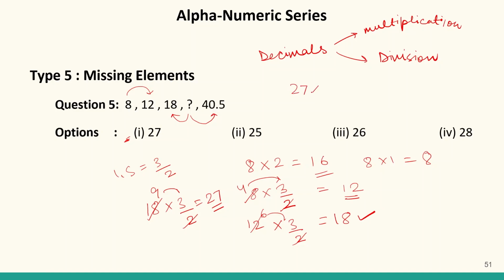If we multiply 27 into 1.5, or you can write 3 by 2, okay, so this will be 40.5 only. So yeah, the logic is being followed. Hence, we can say the answer is option 1, 27.